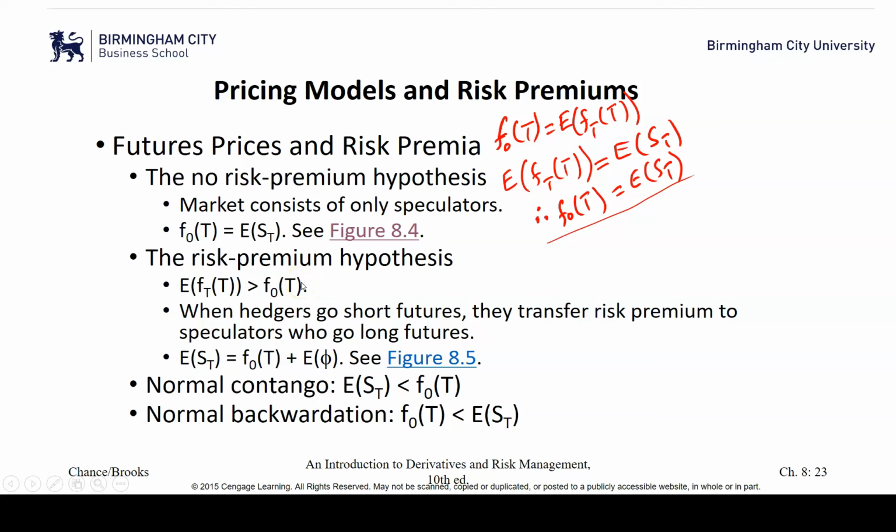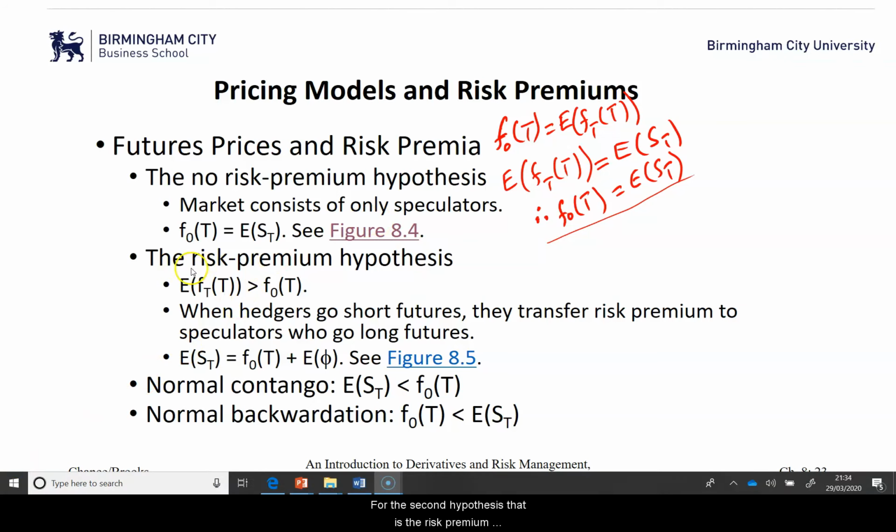Now, the no risk premium hypothesis postulates that as all players are speculators, that is, they are speculating like gambling, there are no consistent winners and losers, and hence no risk premium is involved.